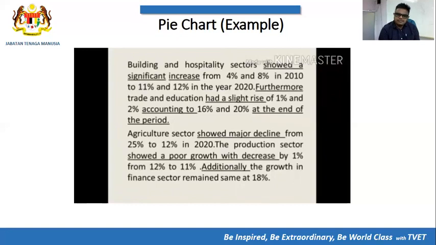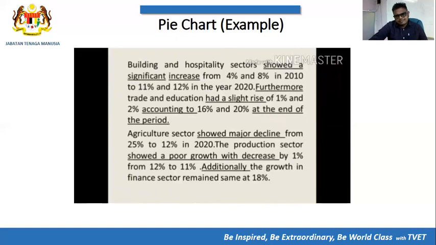Now coming towards the production sector, in 2010 it was showing 12%. And coming to 2020, it is showing 11%. So what is the difference? The difference is 1%. 1% is reduced, decreased.